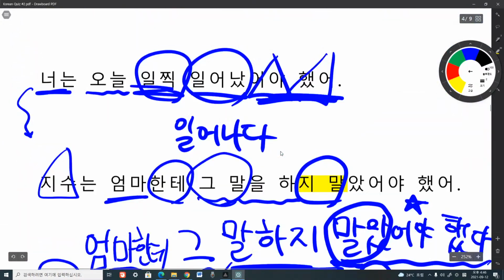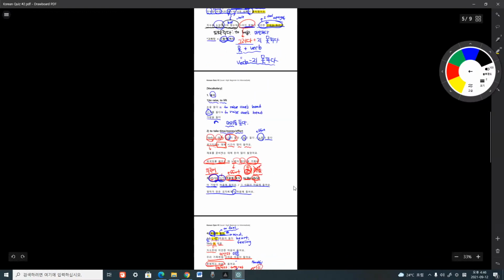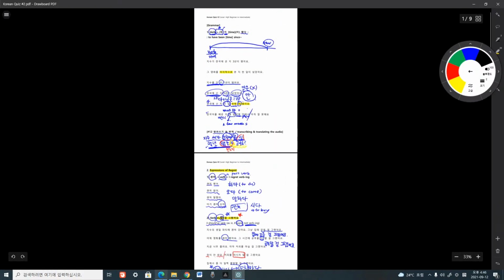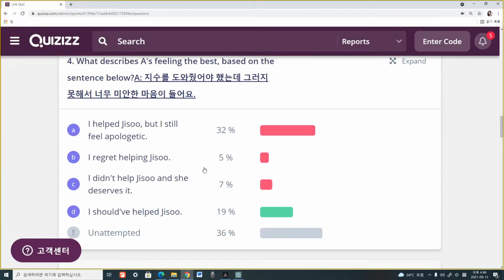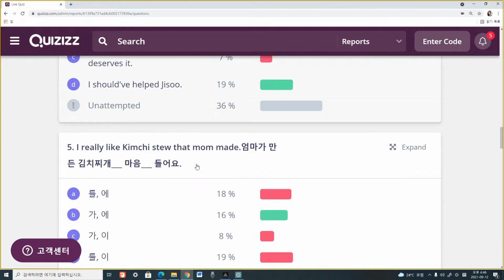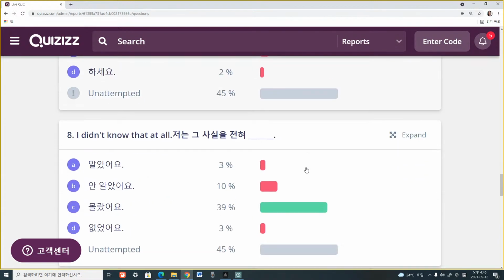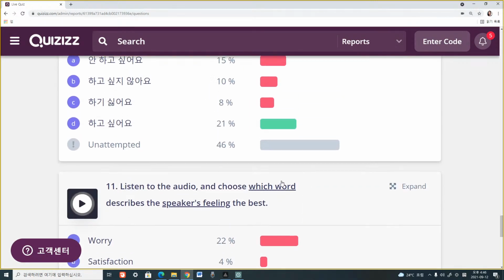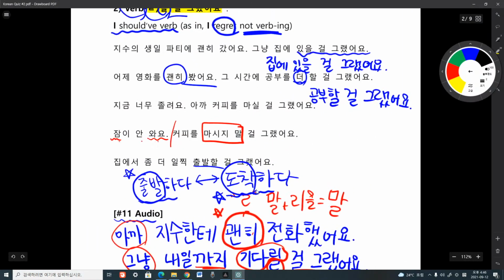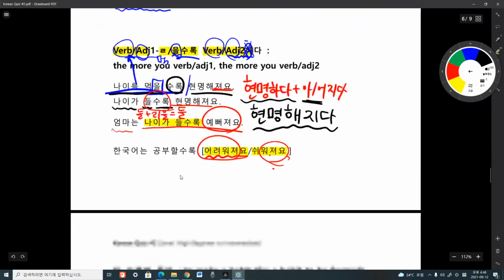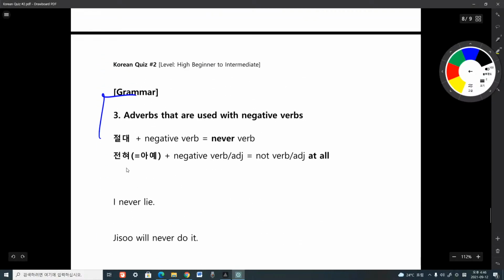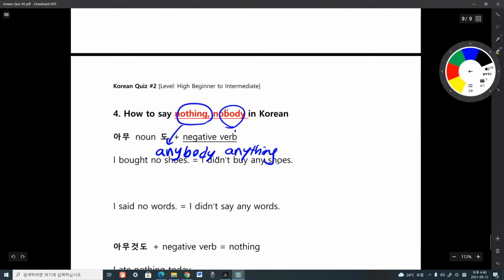오케이, 그러면요. 오케이, 여기까지 it took almost 2 hours to go from question number 1 to question number 6, right? So like I said, guys, for 전혀 절대, how to say never, and how to say nothing, nobody, anybody, and anything, I will make a separate lesson for this.